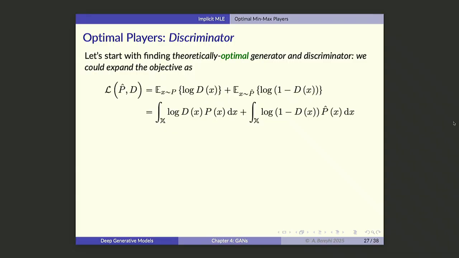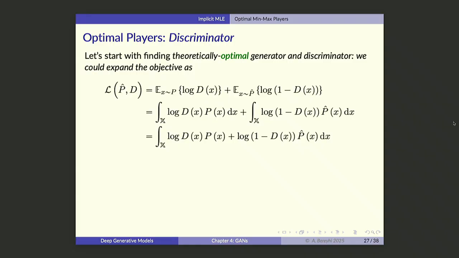So if I have the integral of f dx plus the integral of g dx, can I write it as the integral of f plus g dx? Right? OK. So I'm going to merge them in this form. So it's going to be the integral of log d times p plus log of 1 minus d times p hat, dx, right? Everybody's cool?